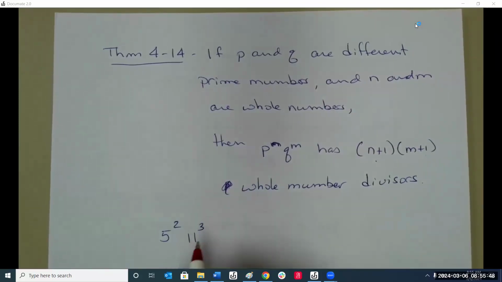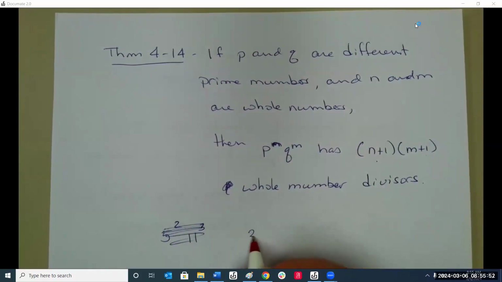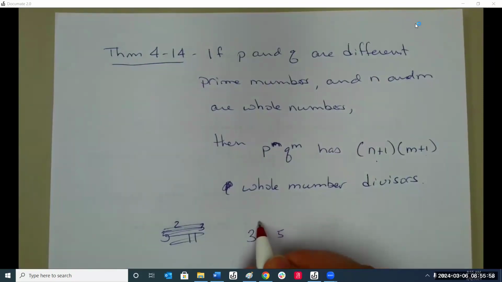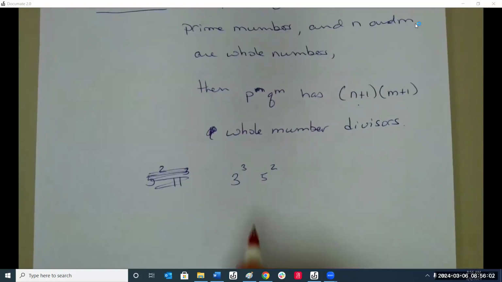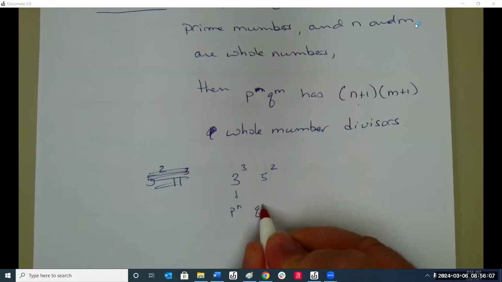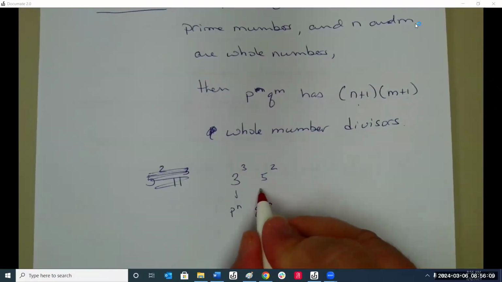Actually, no. For simplicity purposes, let's use 3 and 5, because what we have to do here is 11 times 11 times 11. So let's use 3 and 2 here. So that's our P to the power N. This is our Q to the power M.